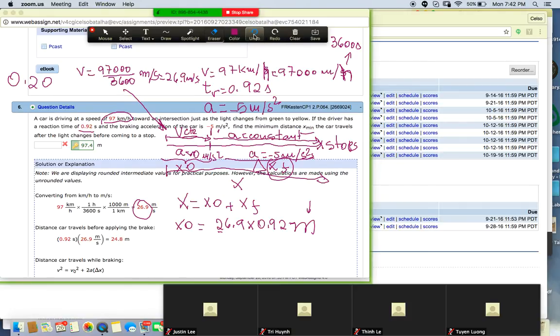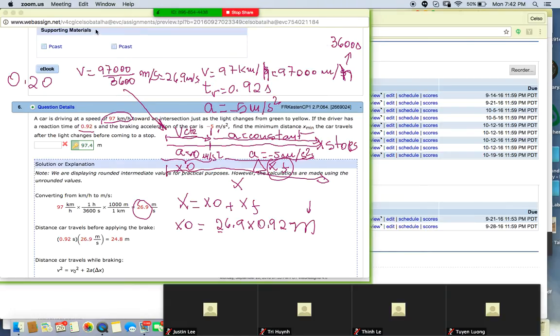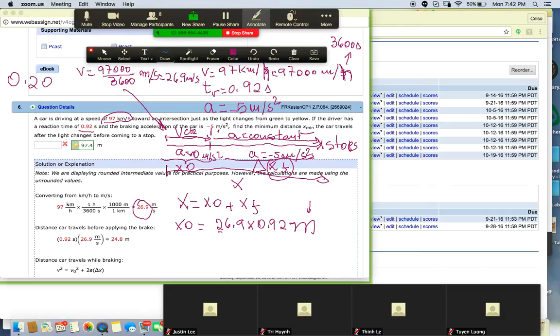Color, undo, erase, spotlight. I don't want that draw. It's funny, where is my marker? Wait a second. There you go, annotate. Okay.